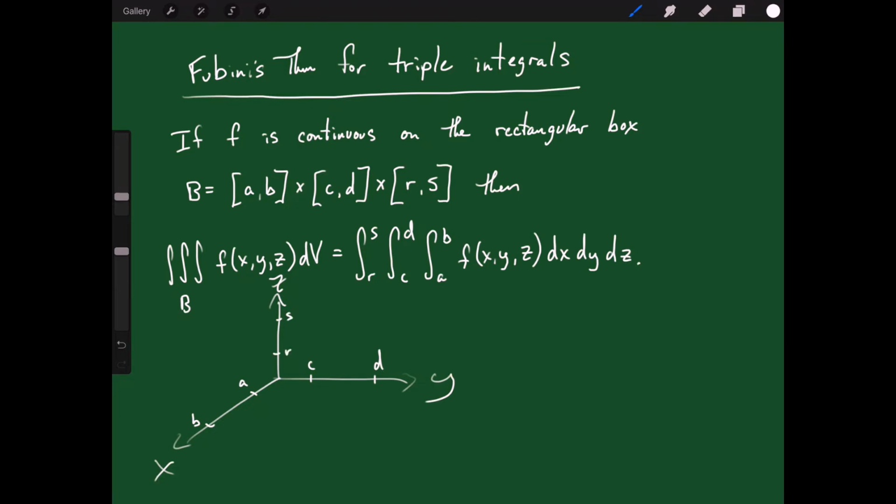Then we get this box, and that's the region in the xy plane, but it's actually raised up r units, and then this is the back of the box, this would be the front of the box that we could see, and then it goes up s more units.